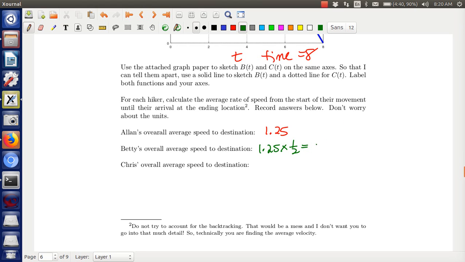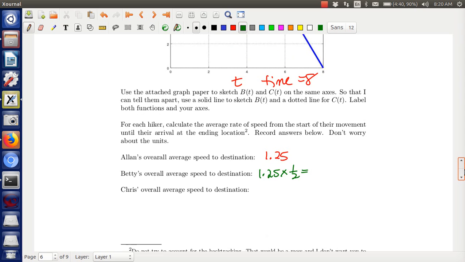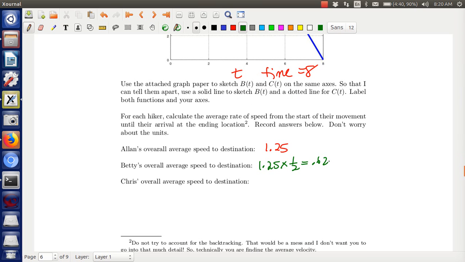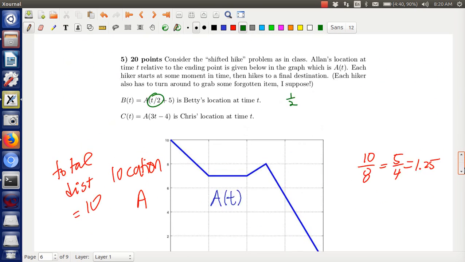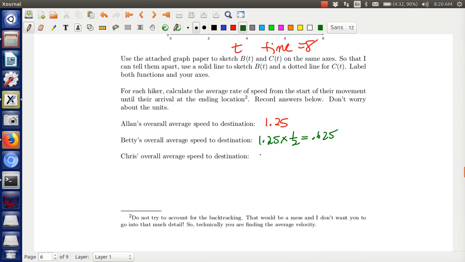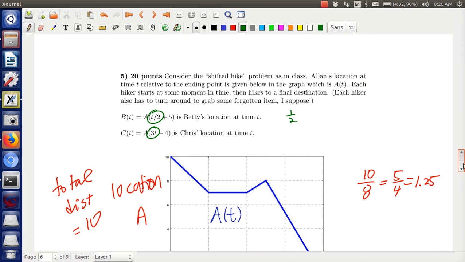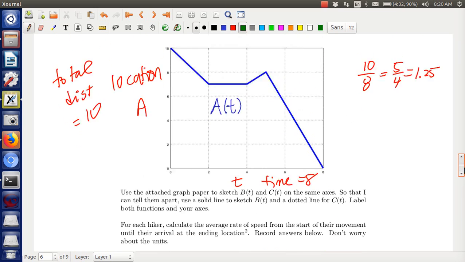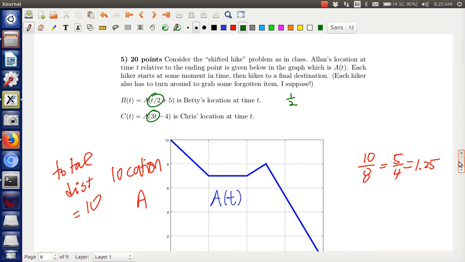So you can go ahead and calculate that. It is 0.625. And Chris's overall speed is times 3 versus Alan, so he gets 3.75. So you don't have to do any other work beyond that. That is perfectly acceptable. But let's say you don't know that. You can finish all of part A and then go back and do that based on your graphs, if your graphs are correct.